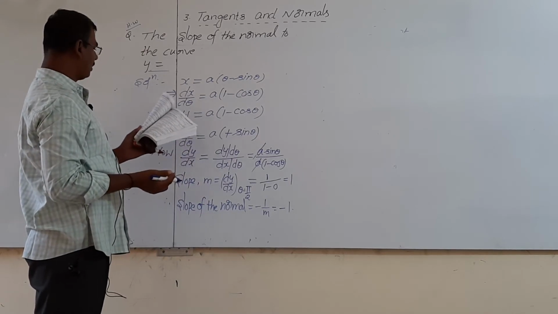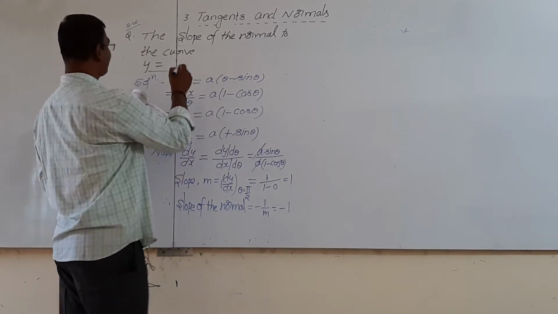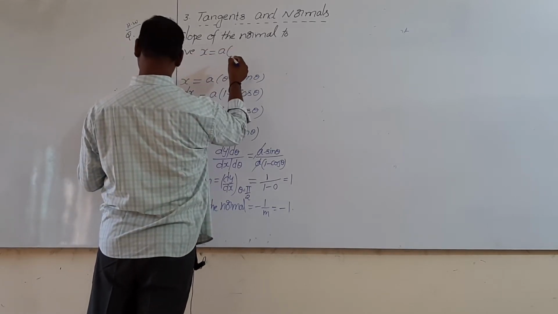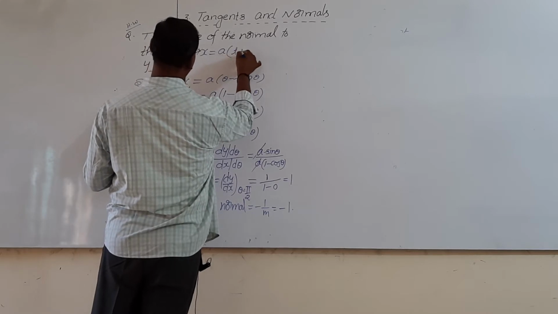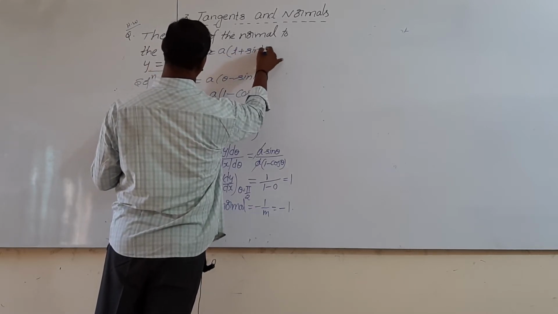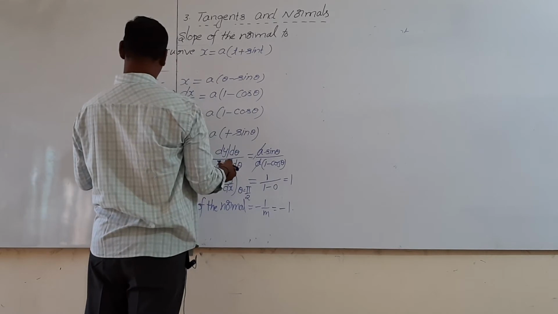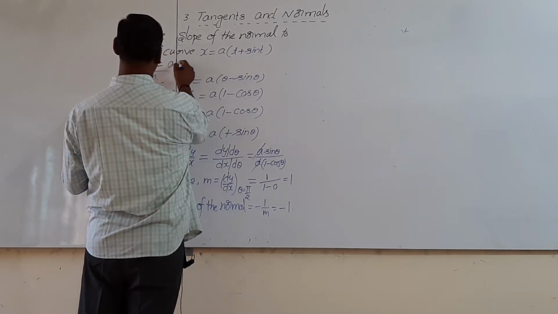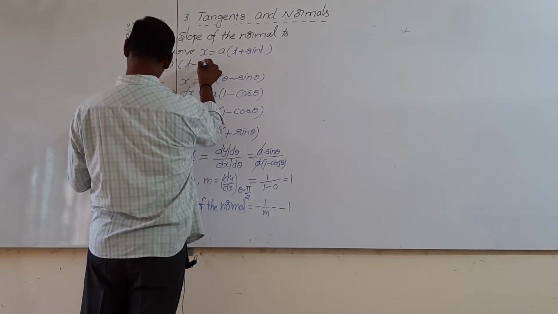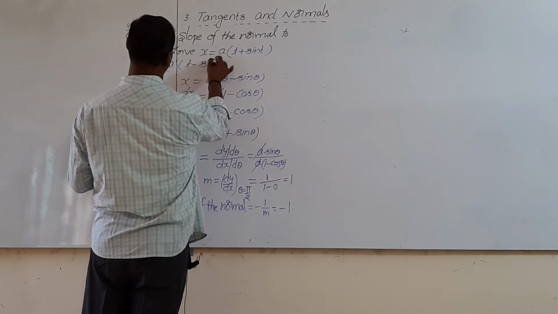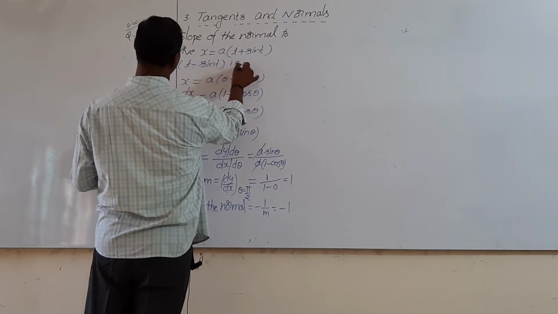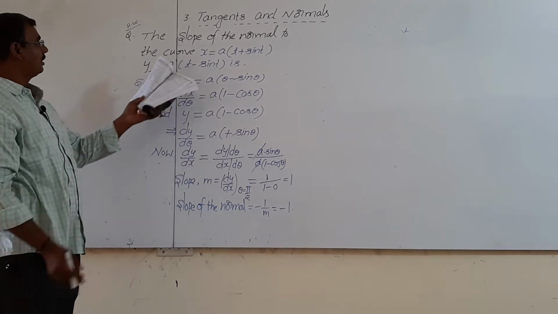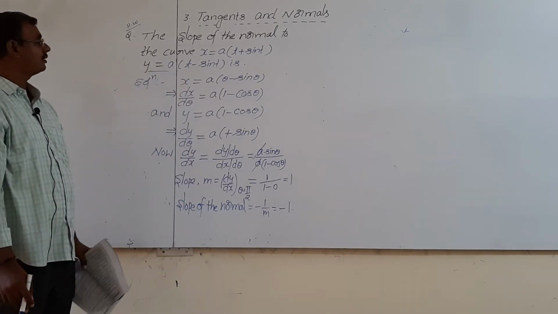The slope of the normal to the curve x is equal to a bracket of t plus sin t and y is equal to a bracket of t minus sin t is. So this is the homework problem. These are called parametric equations.